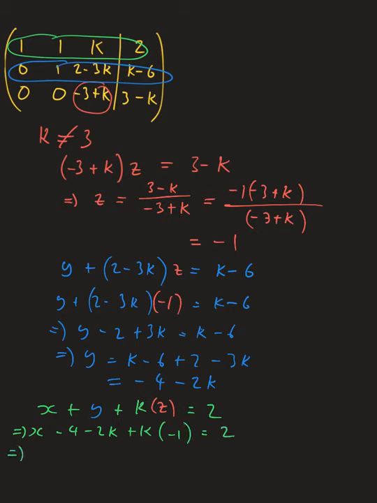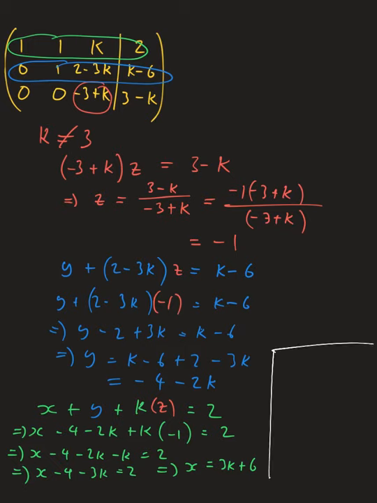That implies that x minus 4 minus 2k minus k is equal to 2, which implies that x minus 4 minus 3k is equal to 2, which eventually implies that x is equal to 3k plus 6.